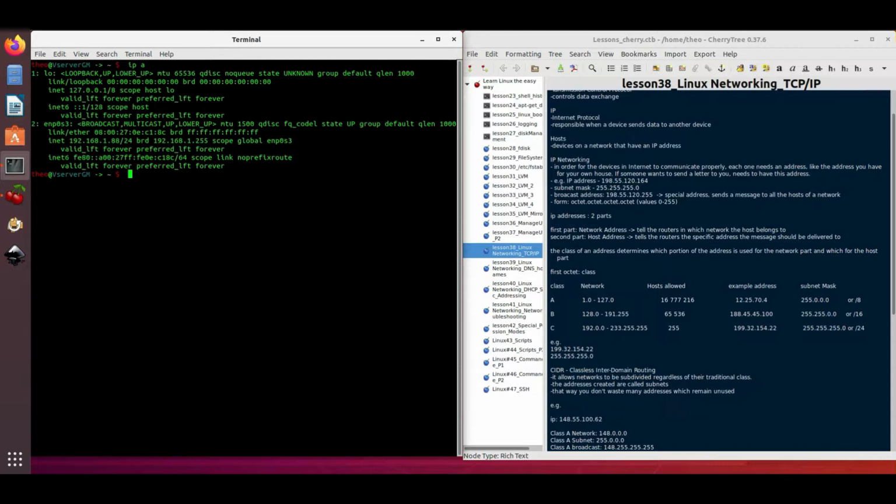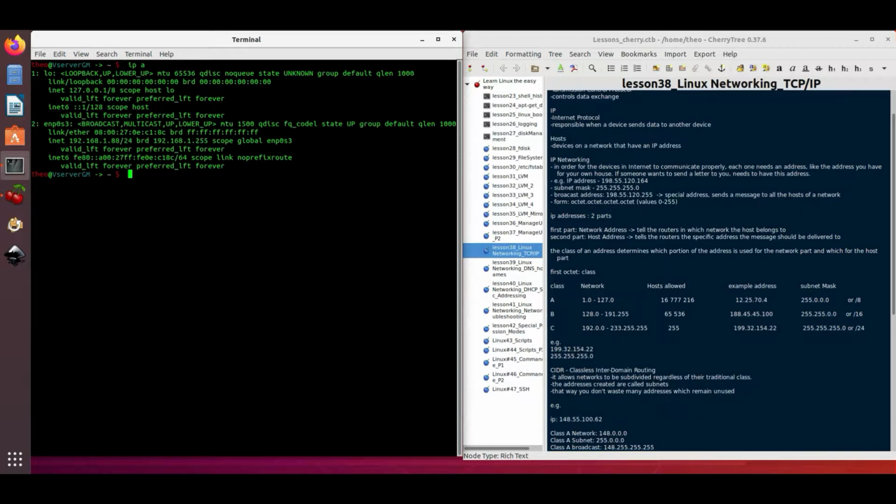So there is also a broadcast address, for example 198.55.120.255. This is the last address of this subnet, and it is a special address because it sends a message to all the hosts of the network, and it cannot be used by a normal host as an IP address.